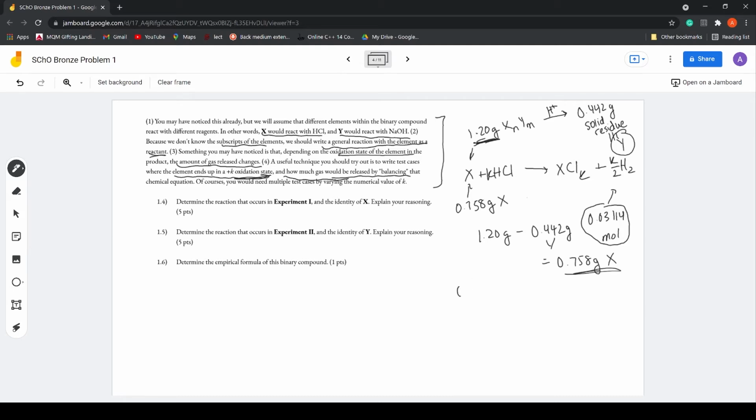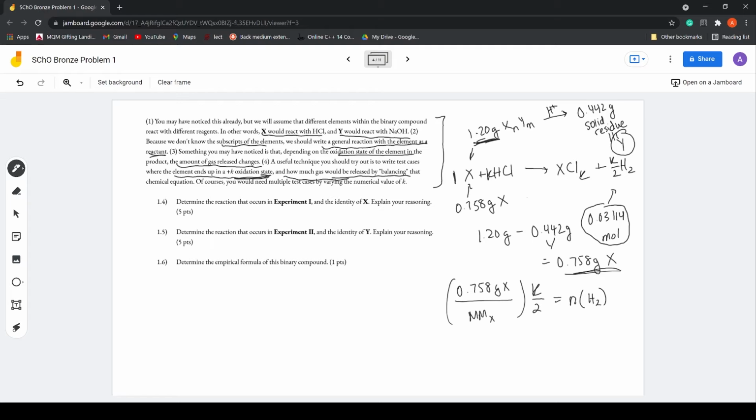So let's take our 0.758 grams of X. If I wanted to find the amount of moles of X, I would divide by the molar mass of X. And then to go from the moles of X to the moles of hydrogen gas released, you can see that in our equation we have a 1 to K/2 ratio. So I have to multiply this by K/2, and this equals the amount of moles of H2.